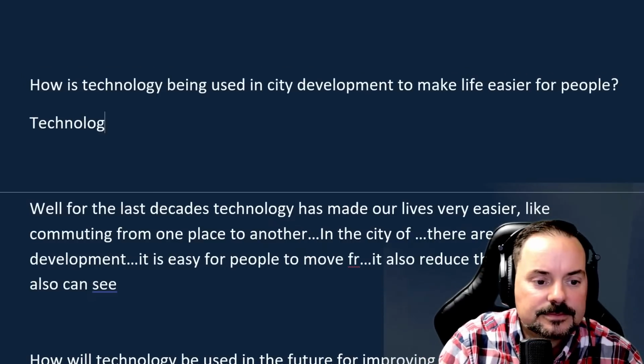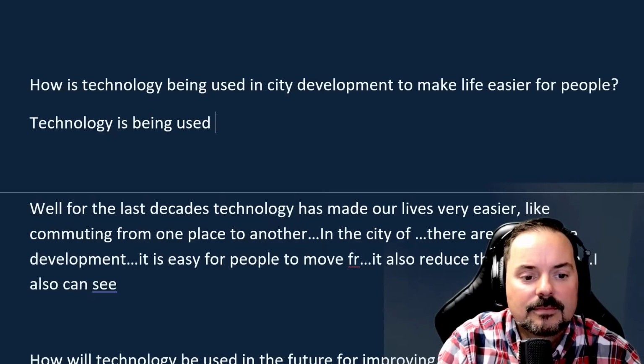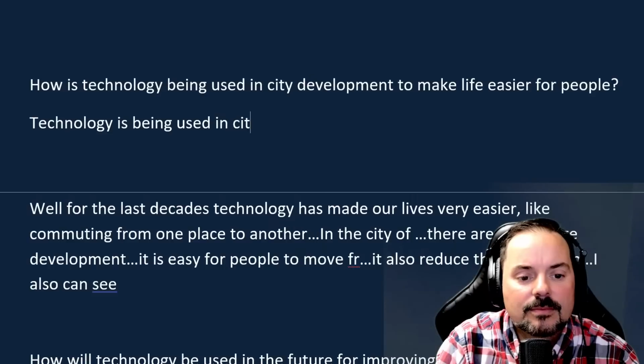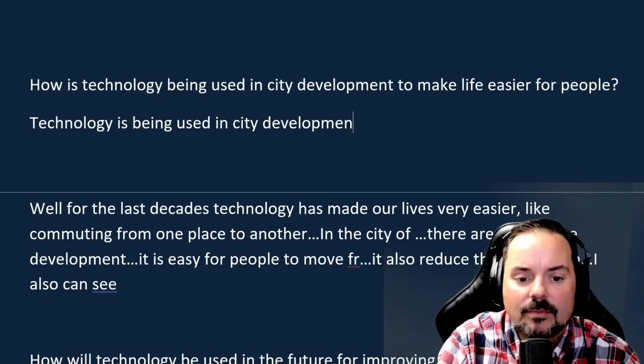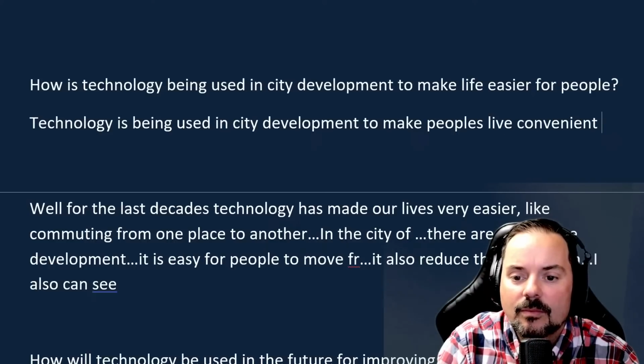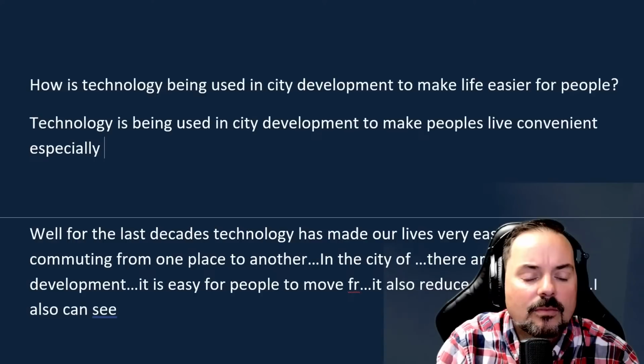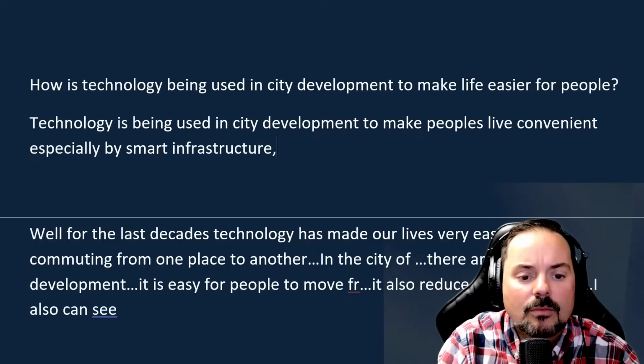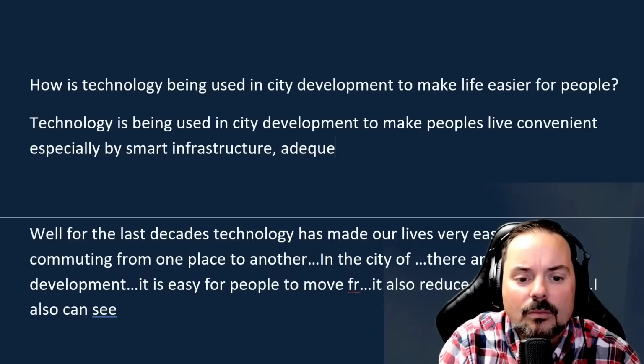Technology is being used in city development to make life of people convenient through various ways, especially by smart infrastructure, adequate parking lots, and sustainable design of buildings.